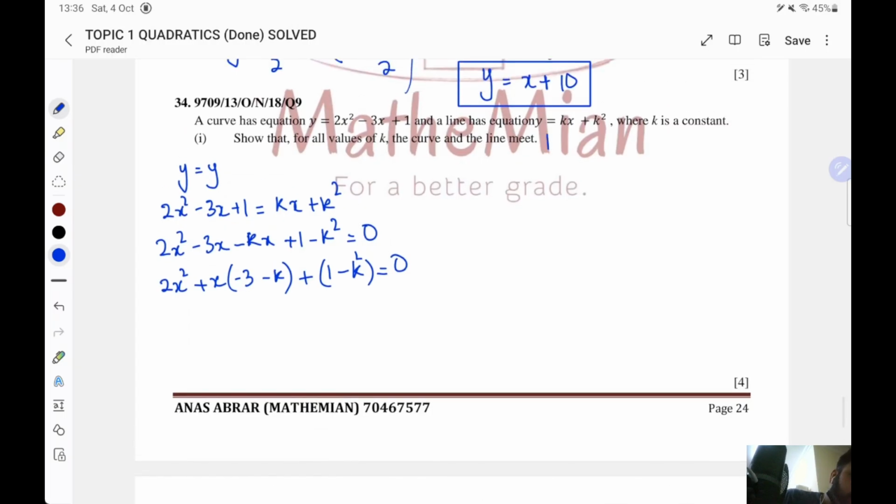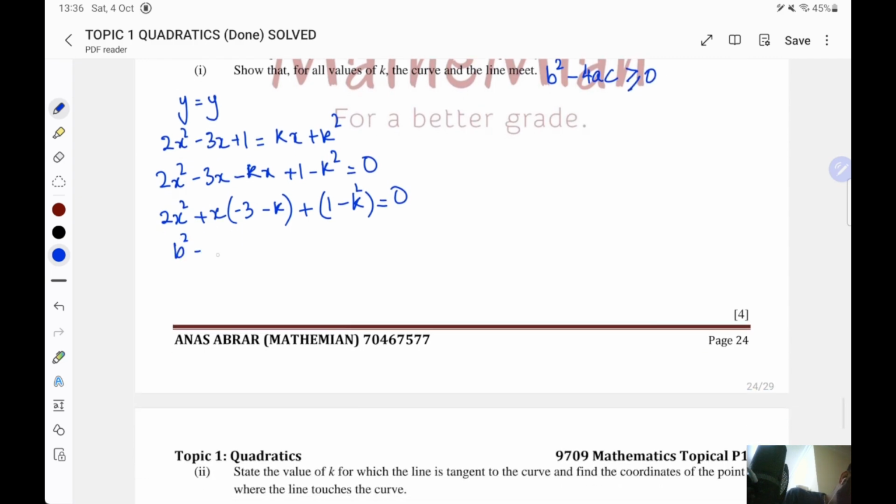they just meet. So there can be two possible scenarios, which will be b² − 4ac greater than or equal to 0. So we'll put b² − 4ac ≥ 0. So (−3 − k)² − 4 × 2 × (1 − k²) ≥ 0.